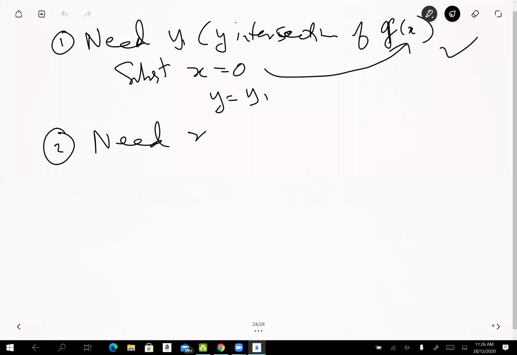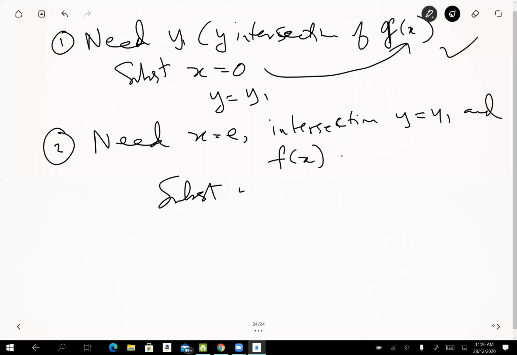That is the intersection of y equal to y1, which you already have from number one, and f(x). So it's very easy to get.